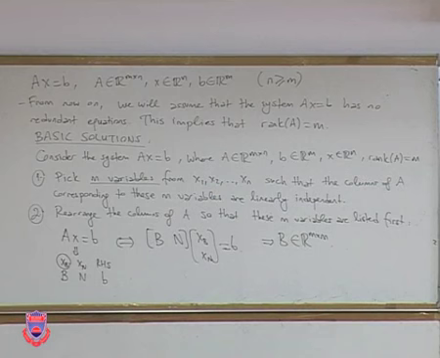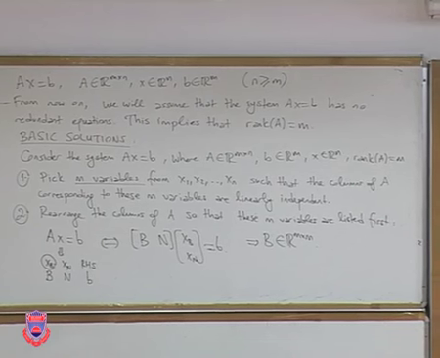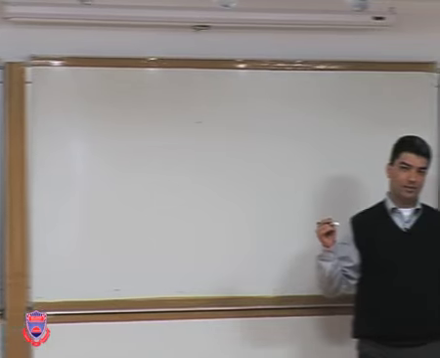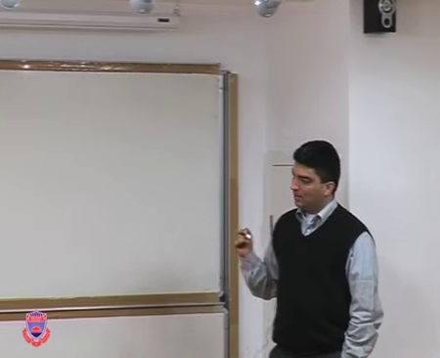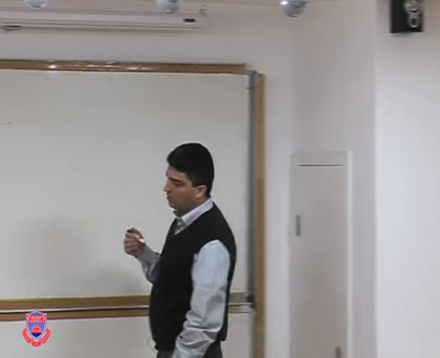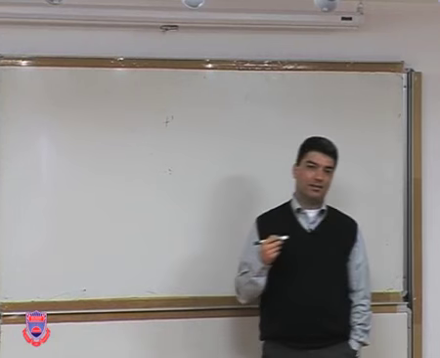Okay? So what else do I know about B? Well, remember the way I picked the columns of A was such that the columns corresponding to those variables were linearly independent, basically, right? Okay? So which means that the columns of B have to be linearly independent. So B has m columns and also m rows. So what can I say about the matrix B then?